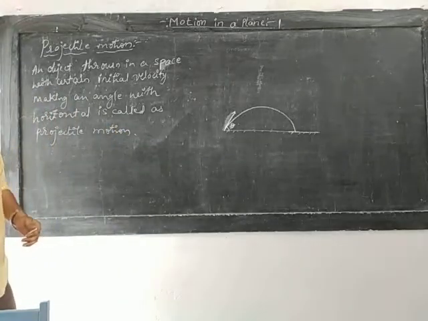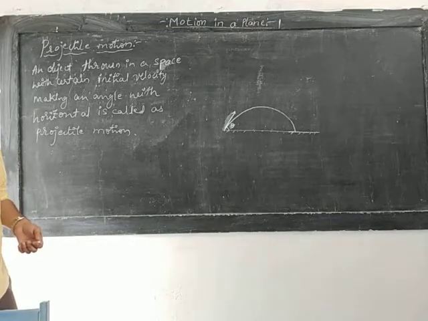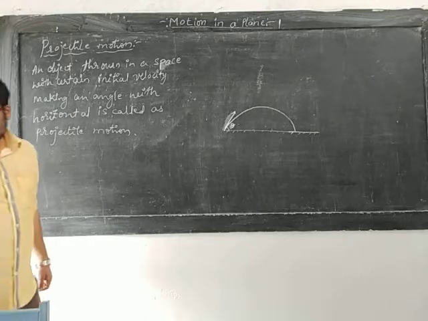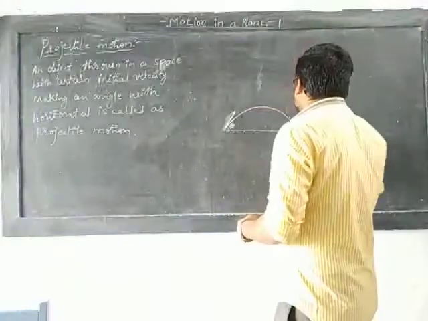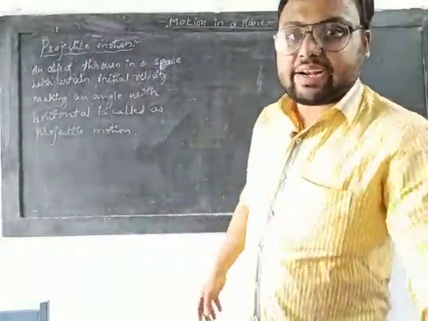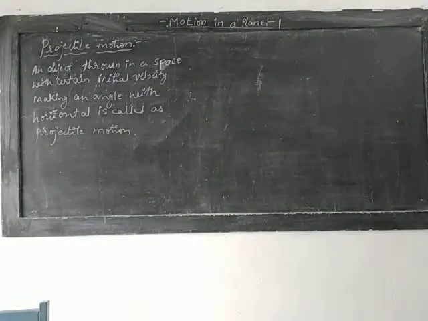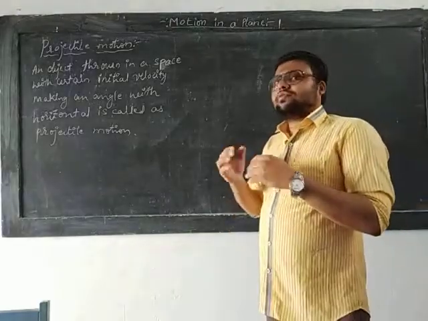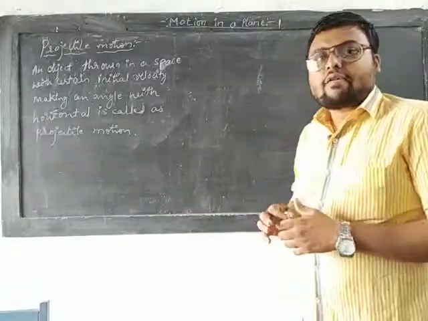The next one is the velocity of projection. The velocity with which the object is projected is called as velocity of projection. The object which is thrown with certain initial velocity, that velocity is called as the velocity of projection.